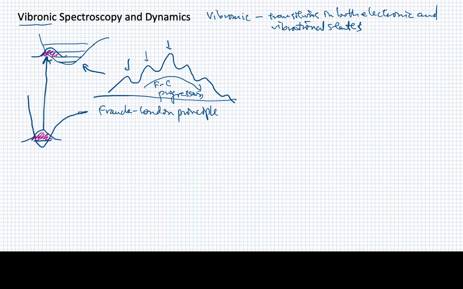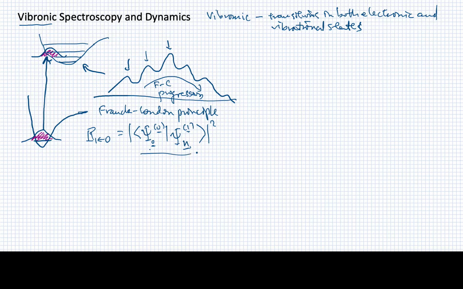And I'll remind you that, in fact, the probability for making this transition from one state 0 to another state 1 is proportional to the square of the overlap between the initial wave function. So this is the ground vibrational state and the ground electronic state, with the first excited electronic state and some set of vibrational states on that state.